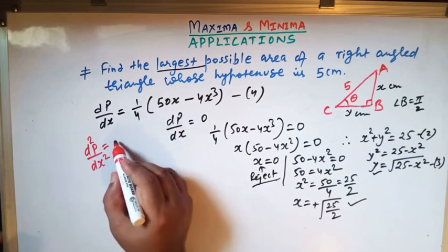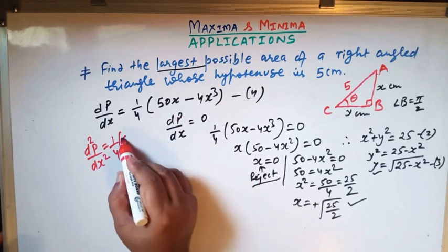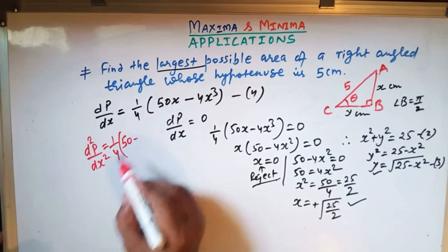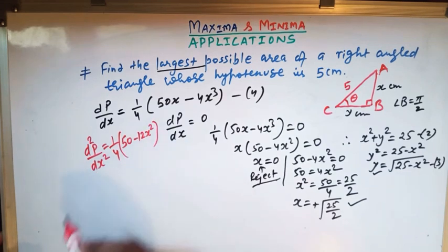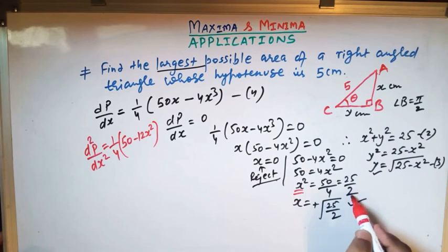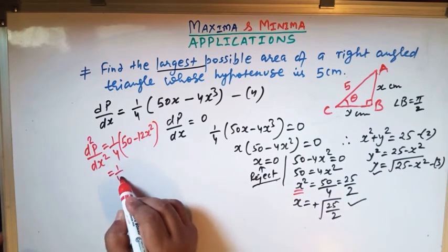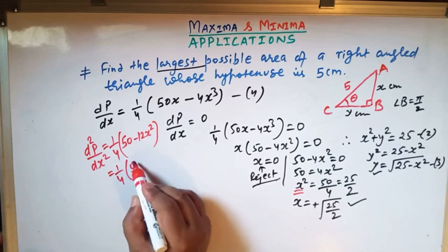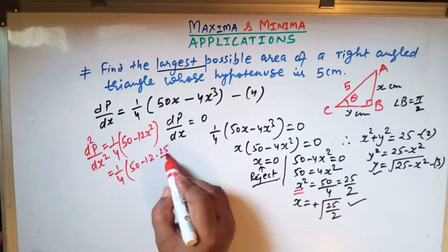So this is 1 by 4, and this is 50 minus 12x square. Clear? Now we substitute the value of x square equal to 25 by 2 here. So we'll get 1 by 4 of (50 minus 12 multiplied by 25 by 2).